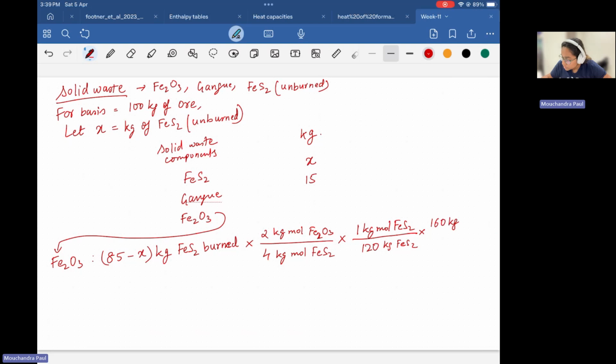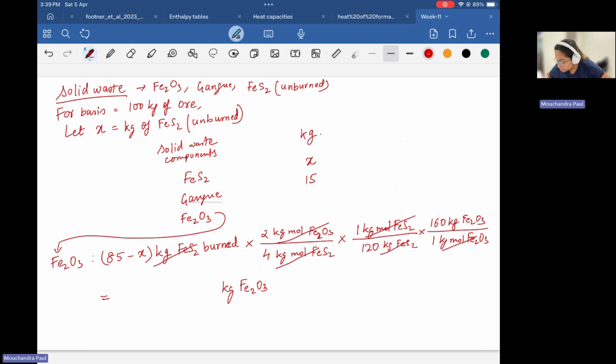So 160 kg of Fe2O3 corresponds to 1 kg mole of Fe2O3. If you remove the common terms here, you will get the answer in kg Fe2O3.